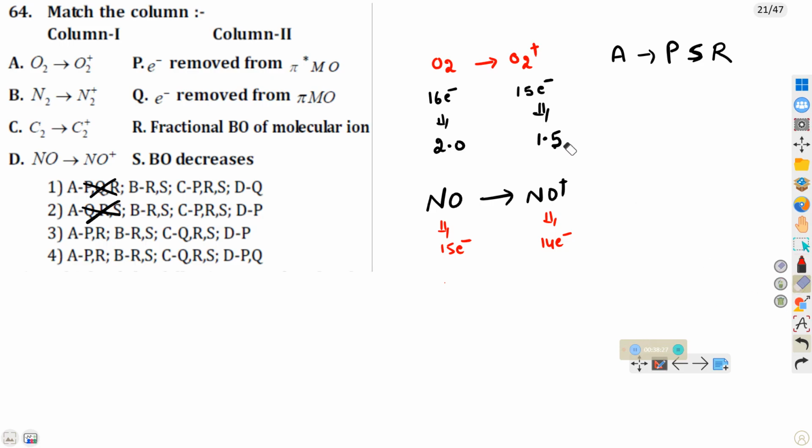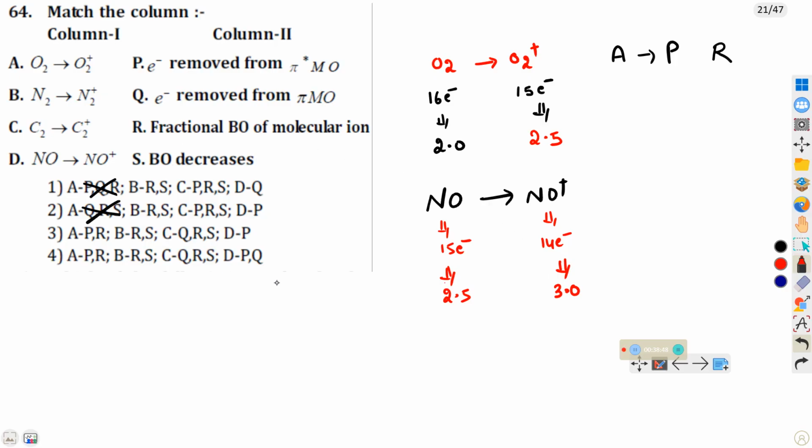Here I made a mistake: 15 electrons has bond order value 2.5, not 1.5. 15 electrons, 2.5; 14 electrons, bond order value 3.0.